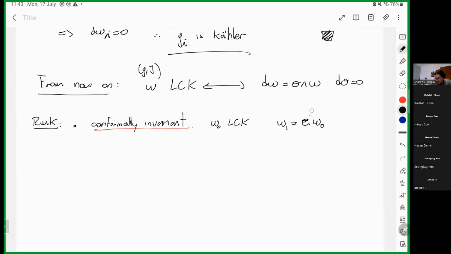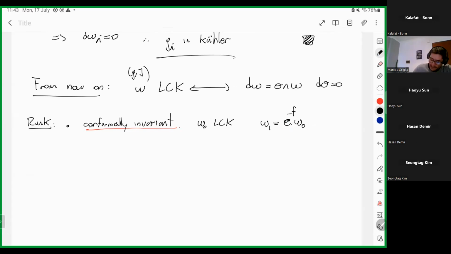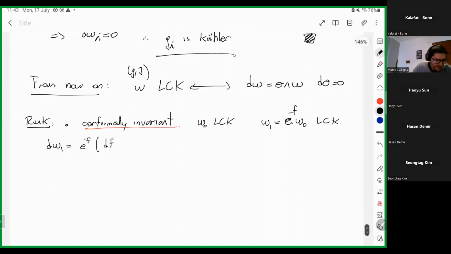The minus is just to get better computations. So this is also LCK. And it's very easy to prove. So if you take the derivative of this ω1, this is just the exponential of minus f df. Well, sorry, here it's not necessarily the minus, I guess. Yeah, it's the same.